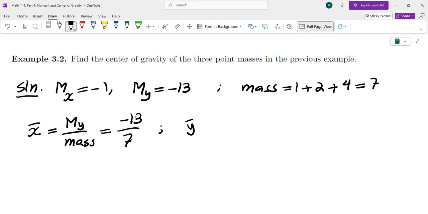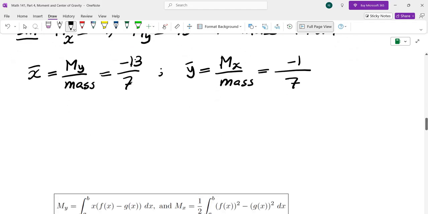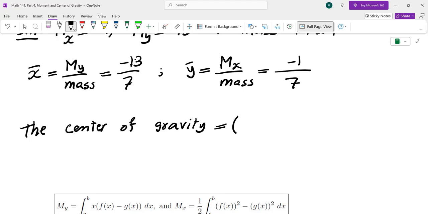And y bar would be Mx divided by mass, which would be -1 over 7. So the center of gravity is going to be -13 over 7, comma, -1 over 7.